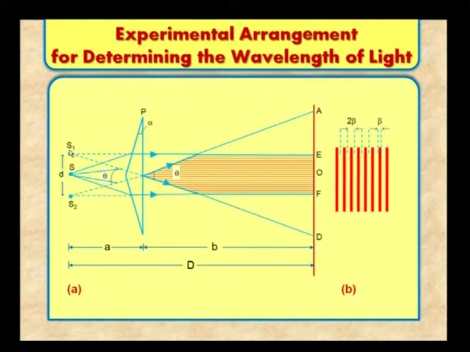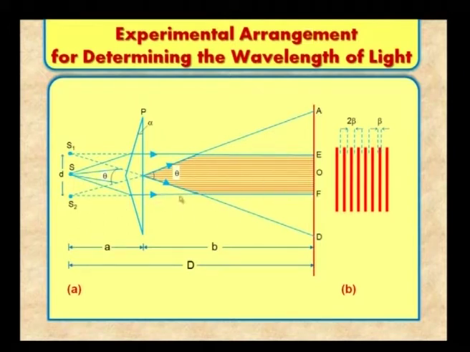You have two coherent sources S1 and S2. The light coming from S1 goes straight, and there is a region covered by the light coming from S1. Similarly, from S2, light goes up to A, and then the direct ray will pass through to F.